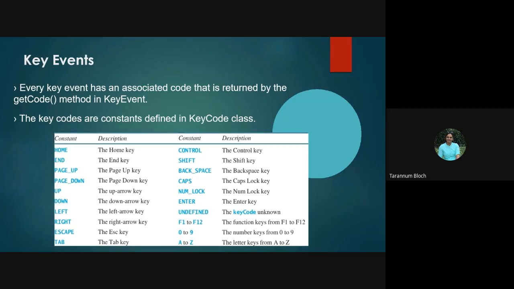We have CONTROL, right? We have page up, page down, the arrows up, down, left, right, escape, tab, right? So all the keys which you see on the screen. Can you see the keys on the screen, right? All these key codes and constants are defined in the KeyCode class.